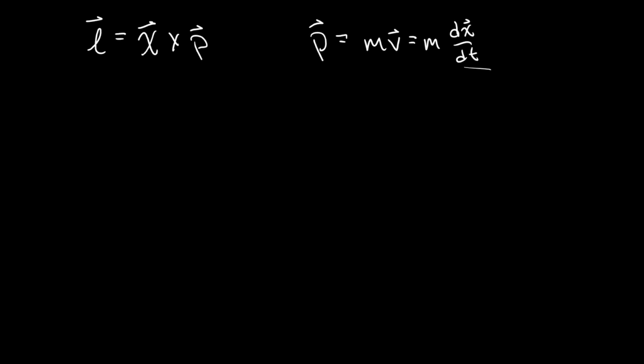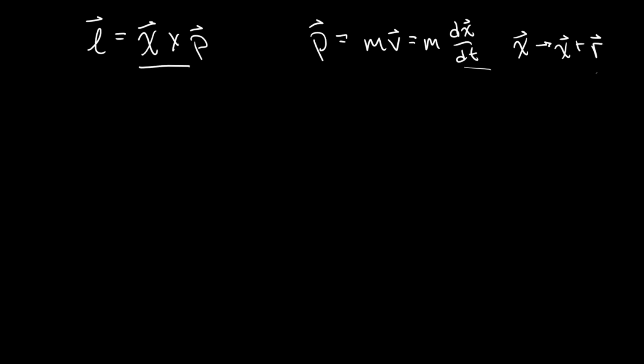Meaning that for the momentum, if I shift my origin, so if I make some shift in x, x goes to some x plus r, where r is some constant vector that I'm shifting the origin by. As long as r is a constant, it doesn't change the momentum. But it does change the angular momentum.